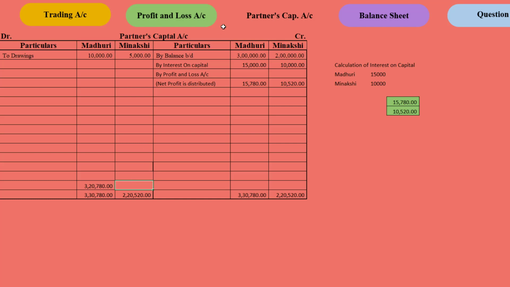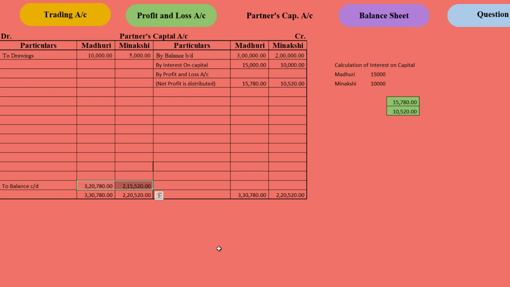We'll get this much balance, and here 2,20,520 minus the debit side total, which is 5,000 only. We'll get this much balance. Here we'll write to balance carried down. This will go to the balance sheet liability side because this is the closing balance of the capital.